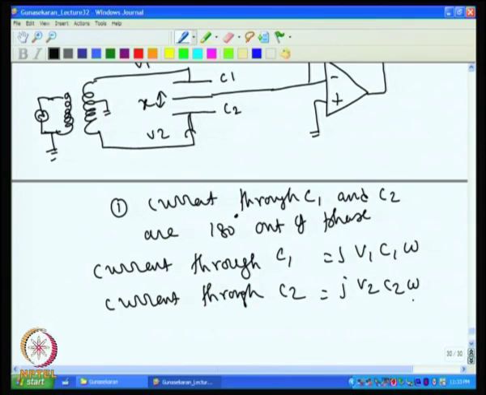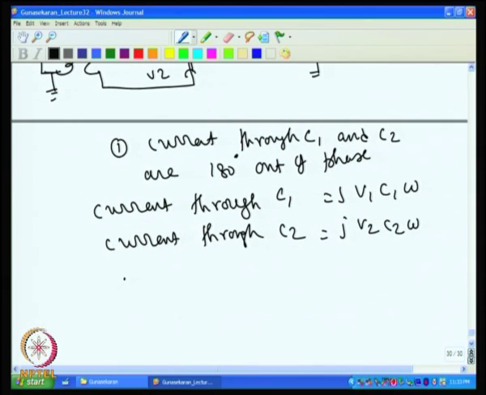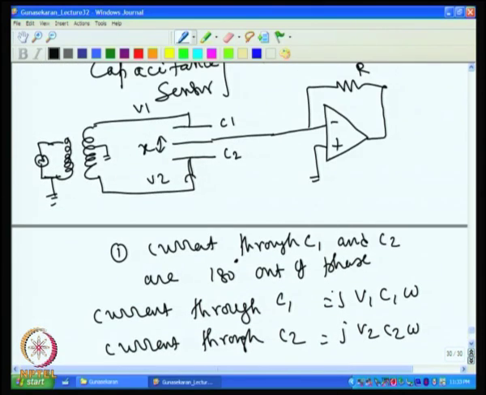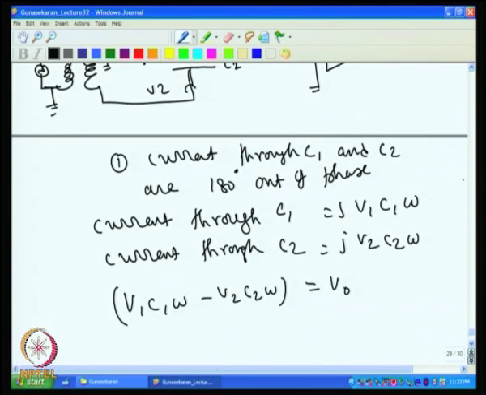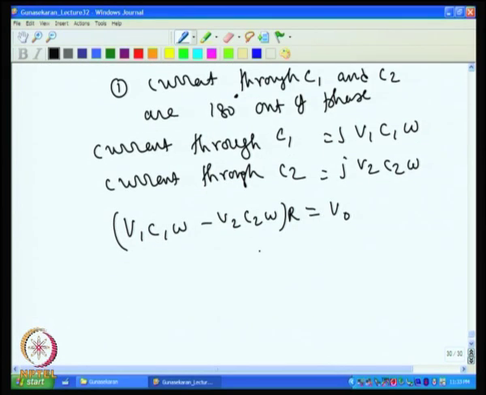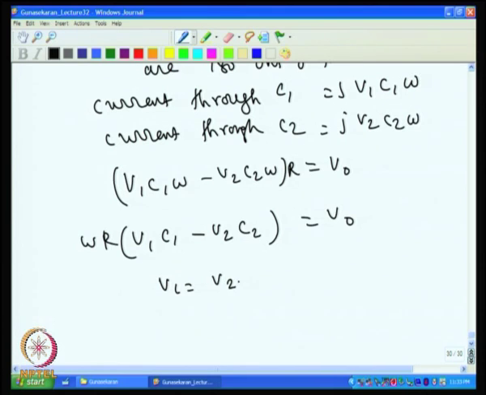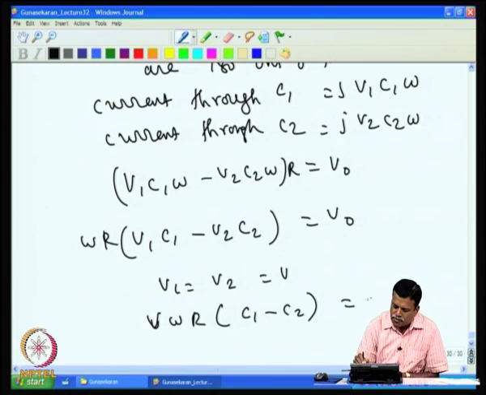If we add these two currents, we have V1 C1 omega minus V2 C2 omega, which comes out as the output voltage into R, of course, since that is what flows through R. If you simplify this, it comes as V1 C1 minus V2 C2 into omega R. If V1 is equal to V2, with the minus sign already considered, that makes it V into omega R times C1 minus C2, which becomes V naught.